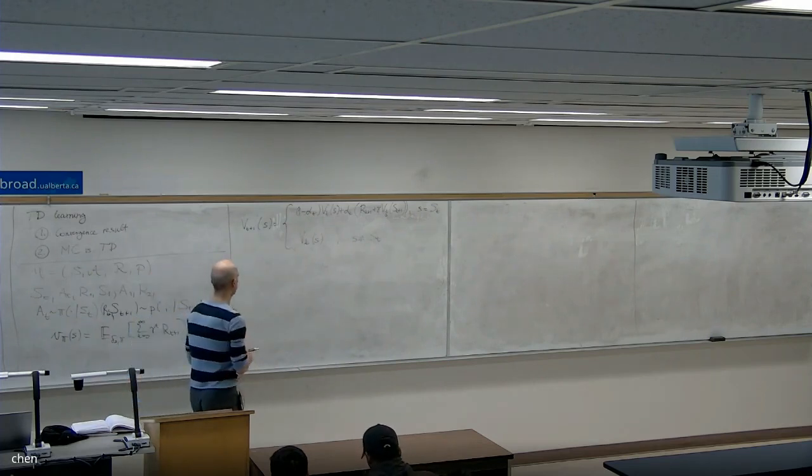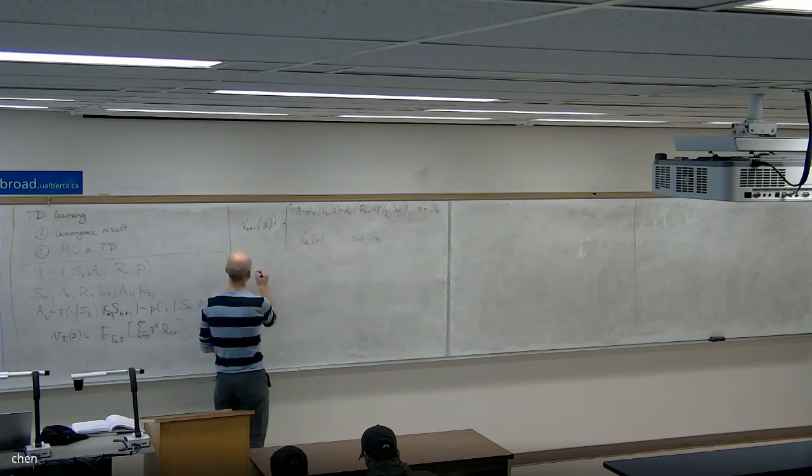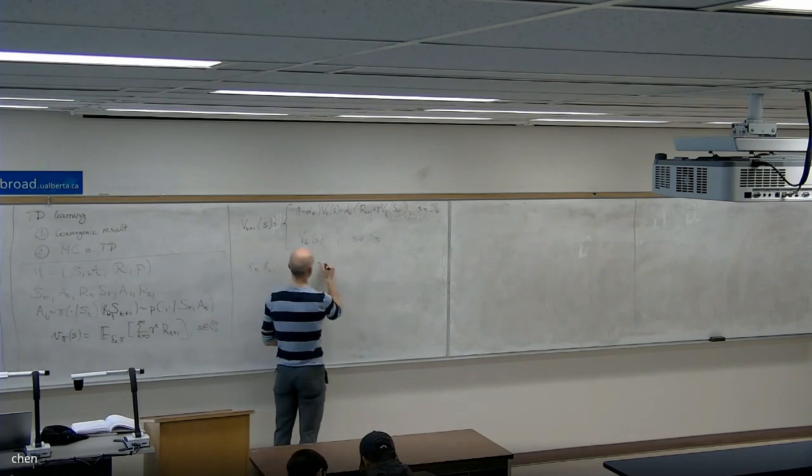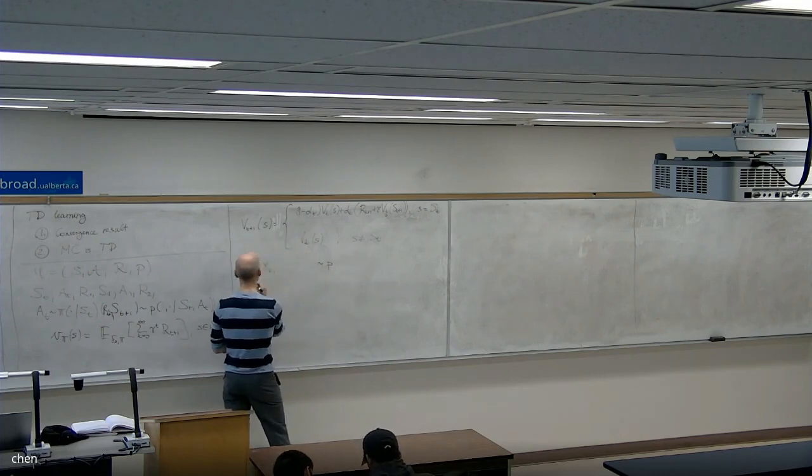For example, you could have X1, X2, and so on, sampled from a common distribution P. These are real valued.